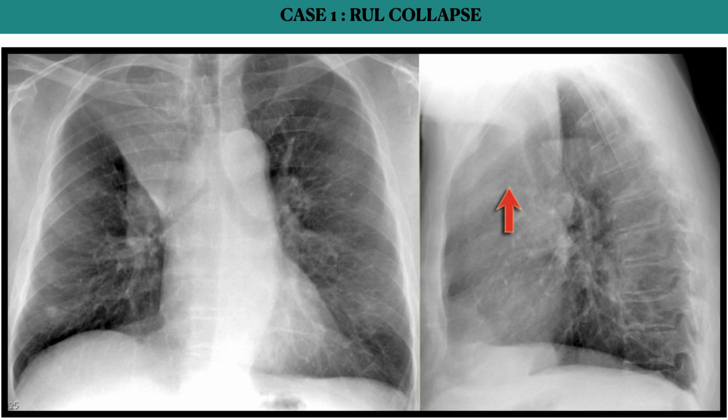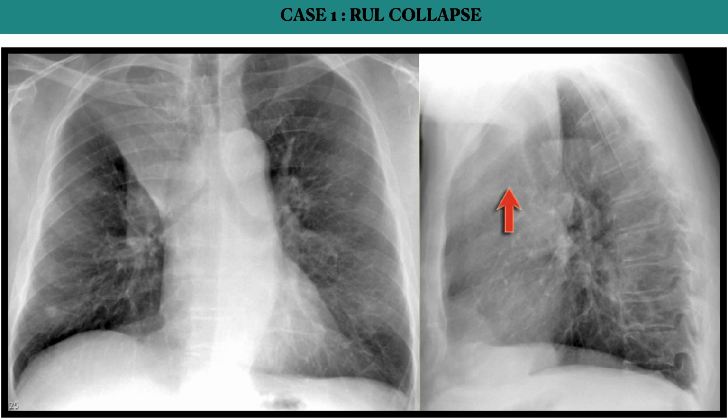Then we have here two images, one in frontal view and the second one in lateral view. What we can see in these two images is, firstly, that the horizontal fissure moves superiorly, so it's deviated, which means it's not a consolidation case, it's collapse.